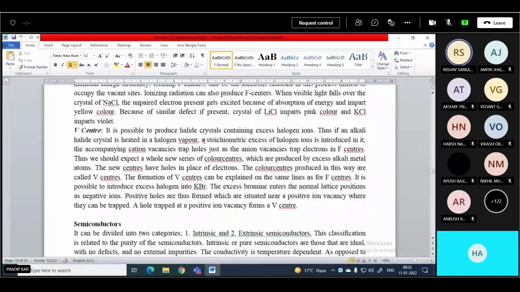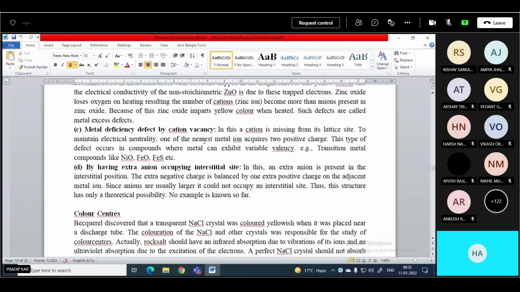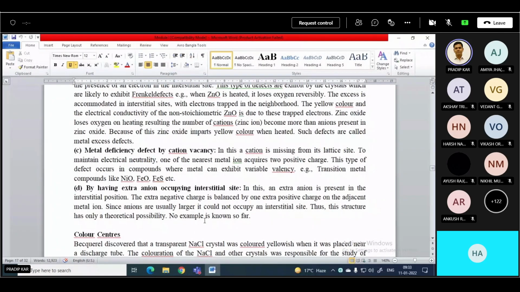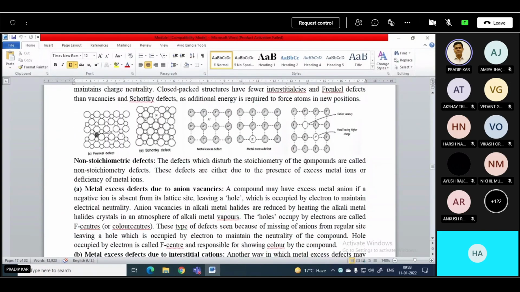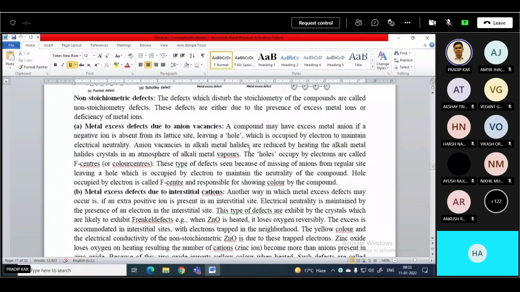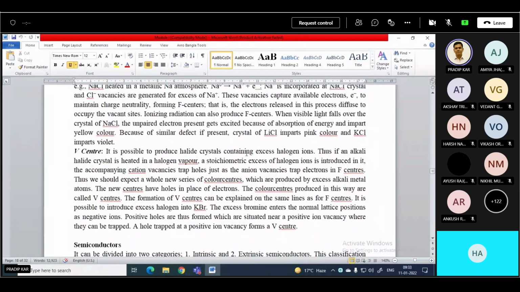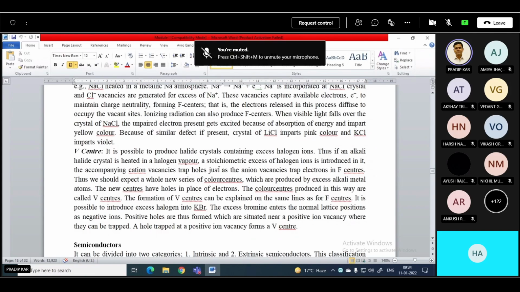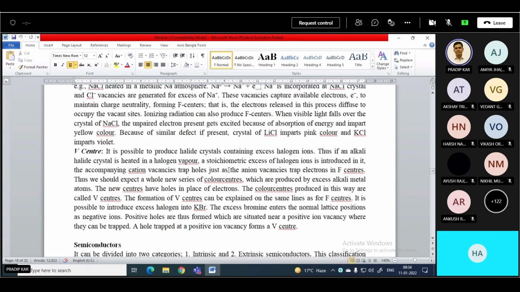Sir, could you please explain it once again? Yes. In the case of metal deficiency, you have seen that the metal ion is absent and extra charge is borne by the nearby metal ion. But in the case of V-center, it is the anion halide excess. But halide excess is not possible in an interstitial position, as we have already mentioned, because halide or anion is bigger in size. So how is it possible?